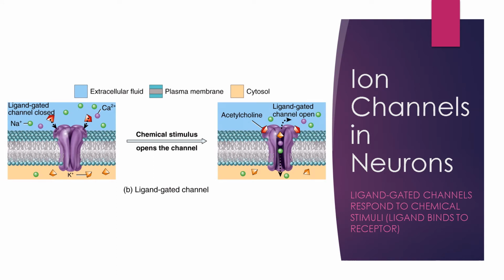Then we have ligand-gated channels. Now, these are going to open and close in response to the binding of a ligand, which is another word for a chemical stimulus. Now, there's a wide variety of chemical ligands.